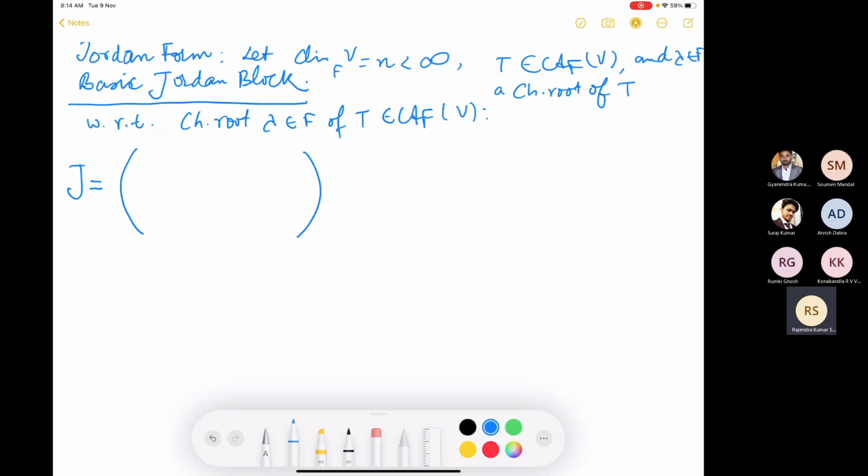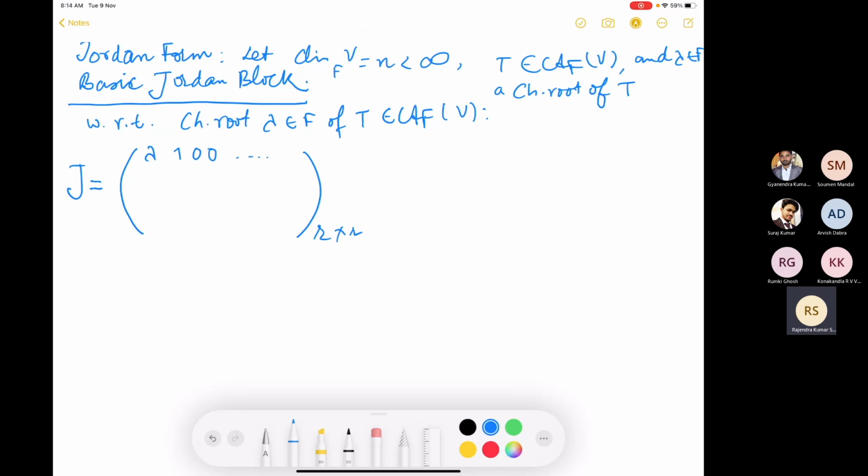All diagonal entries are equal to lambda, and all entries on the super diagonal are equal to 1. So this will be of the form like this. Suppose this is R by R, size R. So this would be lambda and then 1 and then 0, 0 like this.